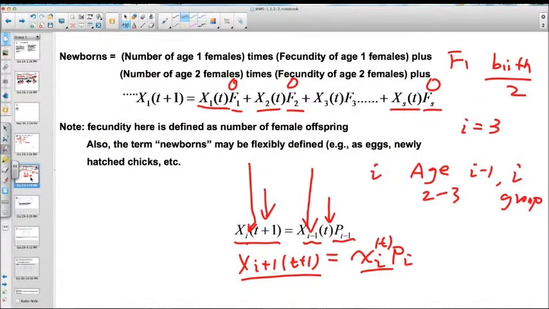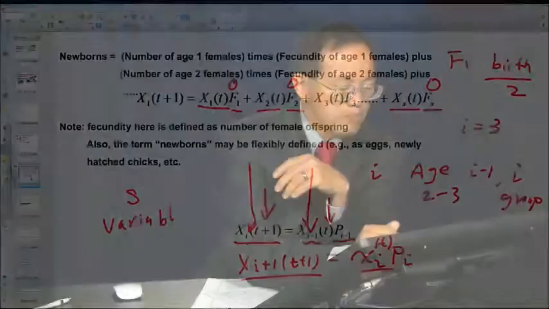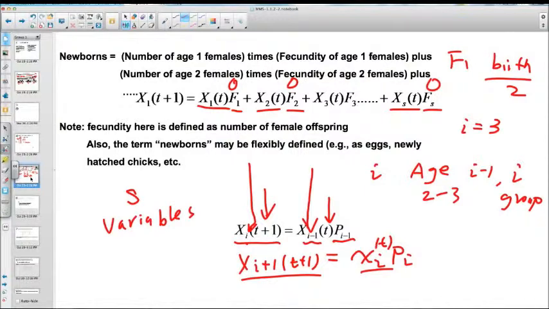What's this P_{i-1}? Survival rate. Not all survive. Somebody died. You always need to consider the mortality. Well, how many equations do we have? We know we have S many variables, so you expect S many equations. Now, i equals 1, i equals 2, i equals 3, all the way to i equals n. Of course, you have n equations.